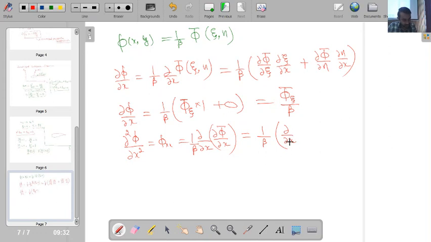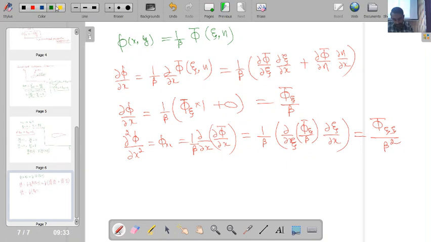First it becomes del by del zeta of phi bar zeta into del zeta by del x, and ultimately I will get phi bar zeta zeta. This is the double derivative, because this was a single derivative and once again I am doing del by del zeta, so it becomes phi bar zeta zeta divided by beta square. Is this point clear? Does anyone have any confusion over here?